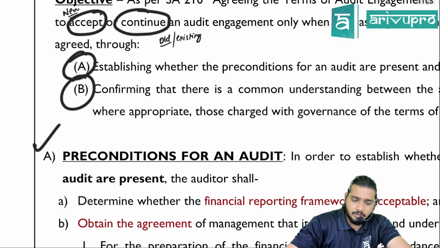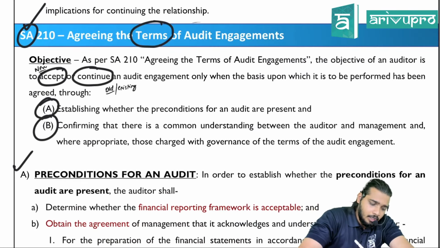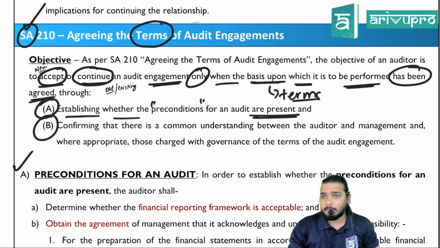Two things we have to discuss mainly. So, the objective is to accept or continue an audit engagement only when the basis upon which it is to be performed has been agreed. What is the basis? Terms only, no? Number one, establishing whether preconditions for audit are present.